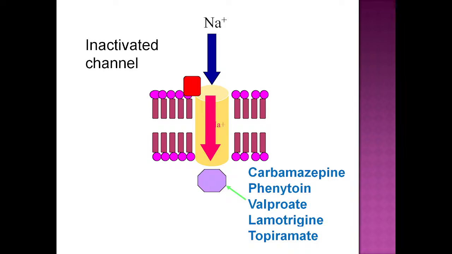In any center, 80 to 90% of epilepsies or seizures will be treated with these drugs. If you are asked to name some anti-epileptic drugs, these are the 5 drugs you are most definitely expected to utter: phenytoin, carbamazepine, valproate or valproic acid, lamotrigine, topiramate.